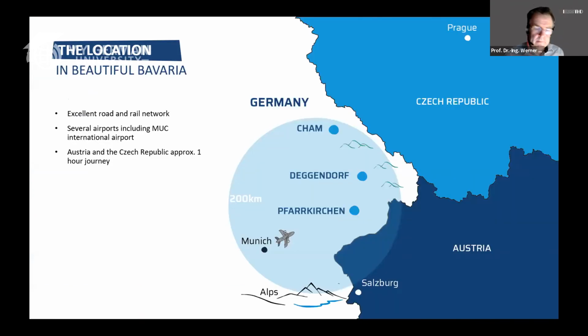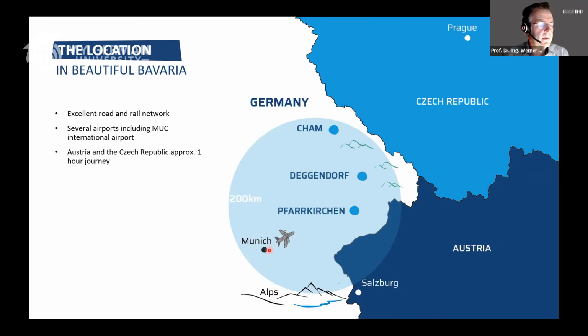So where are we? The location is in the east of Bavaria, not far away from the University of Applied Science in Regensburg, the OTH, which has been presented just before. So here you see Deggendorf, where our university is, and Regensburg is somewhere here.